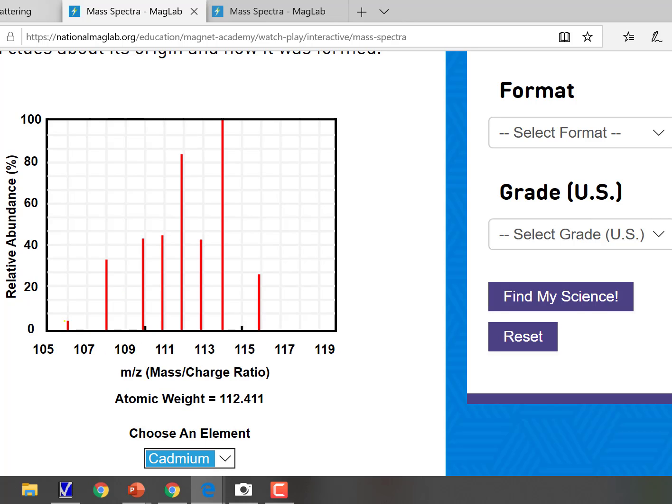Cadmium has 7 different peaks, and those are isotopes. They're separated by whole number jumps, which tells you had to add whole number pieces. This one they did by mass again, which is what Dalton used. Dalton used mass to figure out whole number pieces, right?